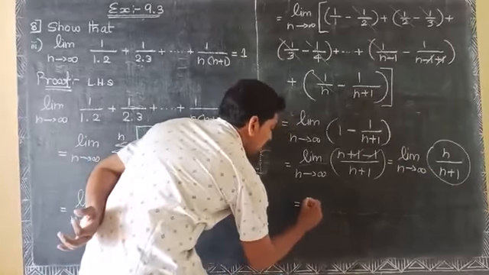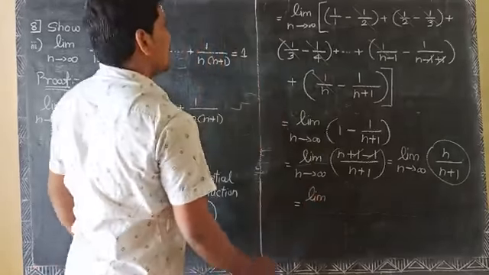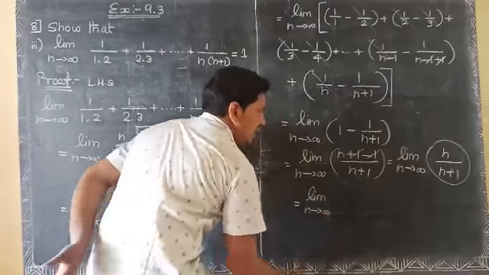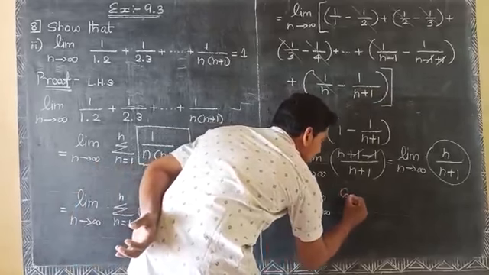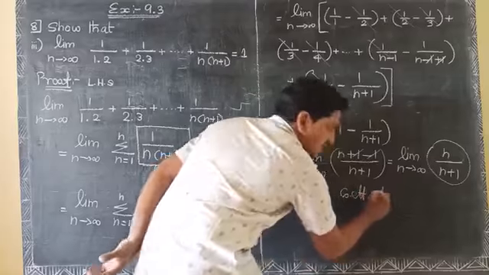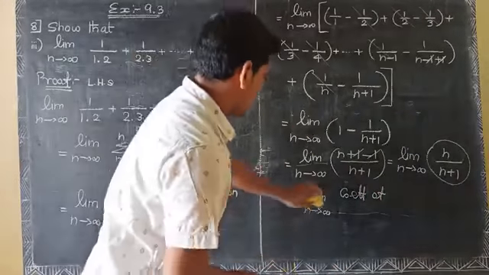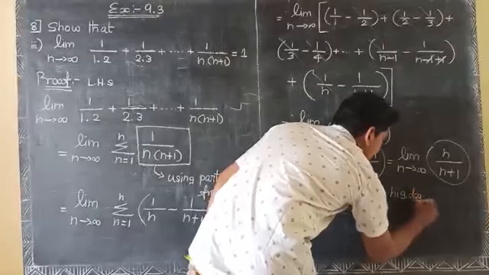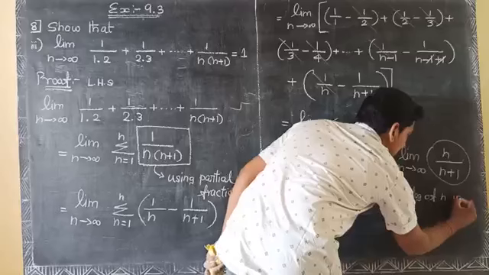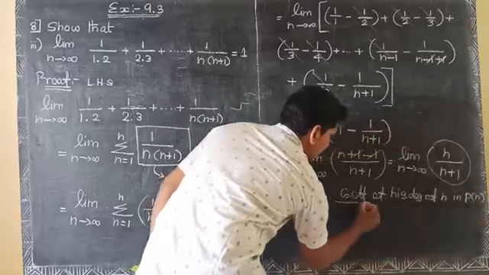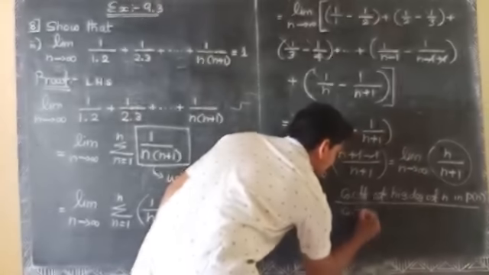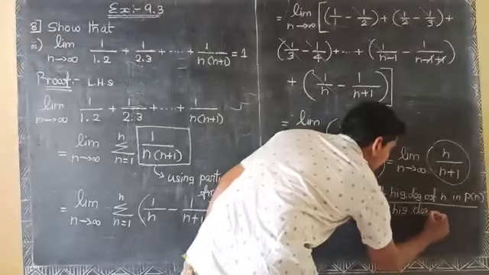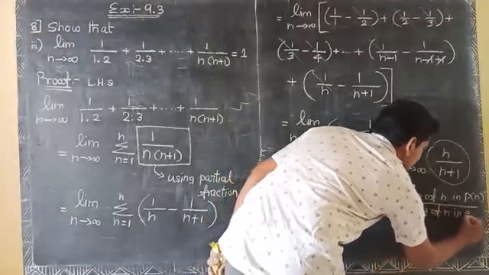That is, the limit as n approaches infinity equals the coefficient of the highest degree of n in p of n divided by the coefficient of the highest degree of n in q of n.